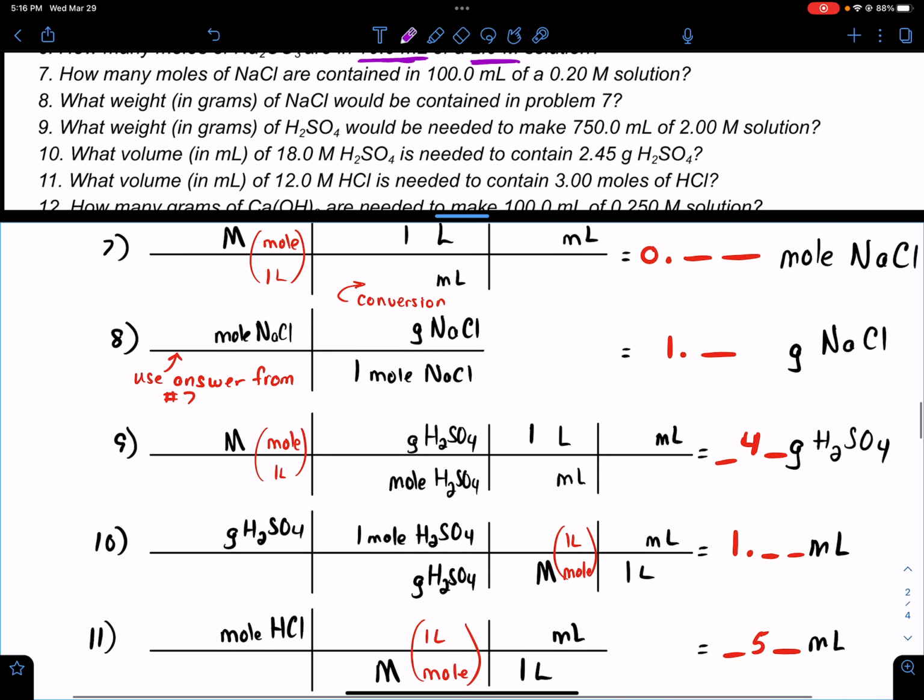Number 8 says the weight in grams that would be contained in problem 7. So you're going to have to use your answer from before to help answer number 8.